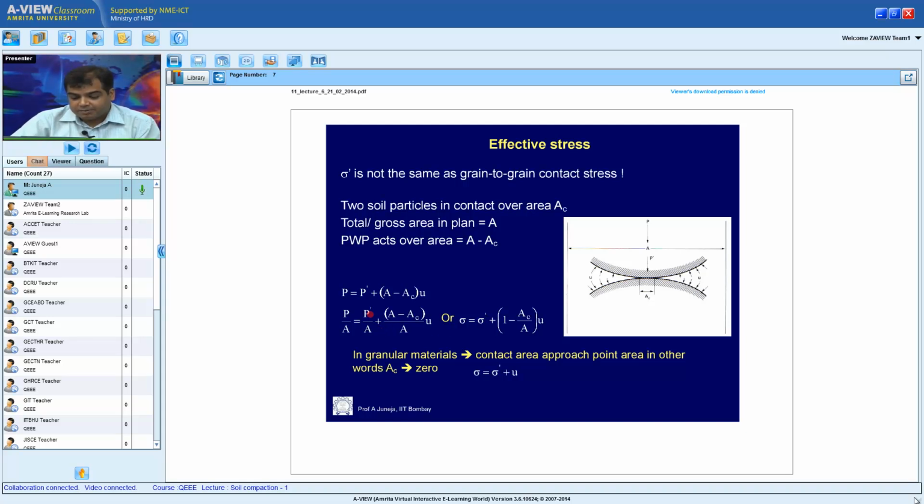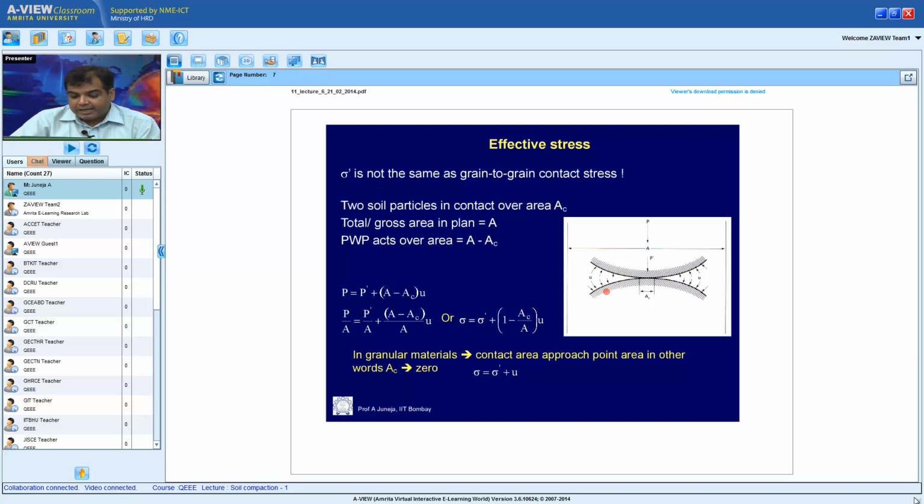Remember, P prime is the force which is transmitted through the interparticle contact, and capital A is the total area. I've just represented it by sigma prime; I'll explain this sigma prime in a while. Let's look at the next component. I have A minus AC by capital A, so that results in 1 minus AC by capital A.